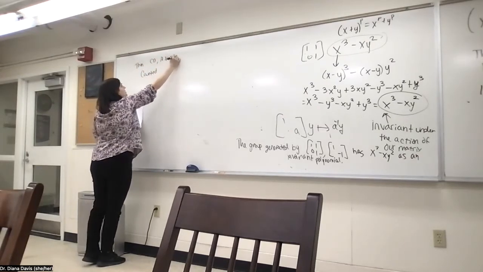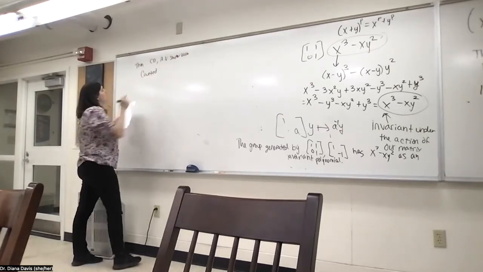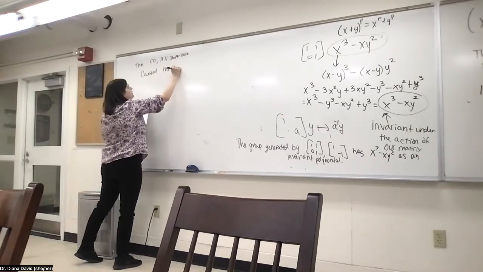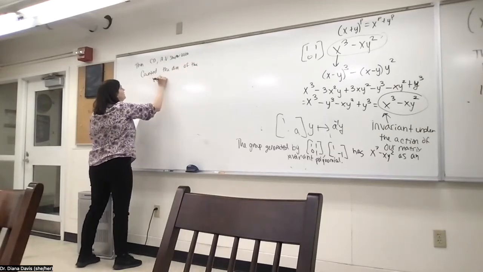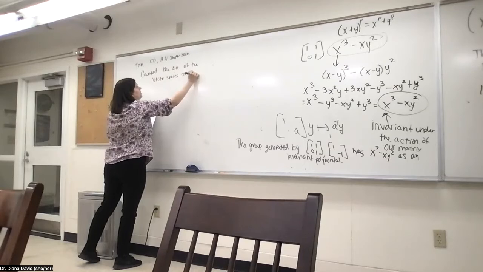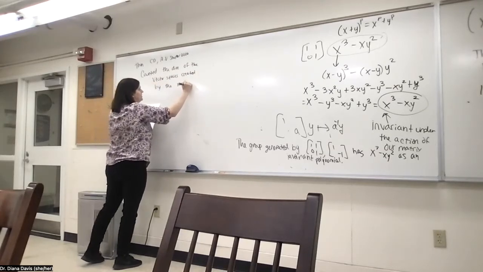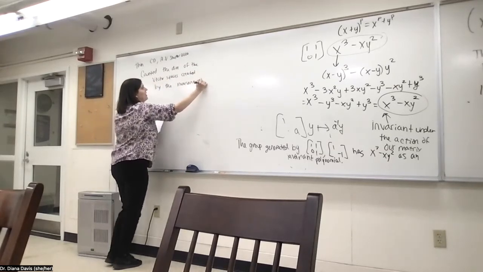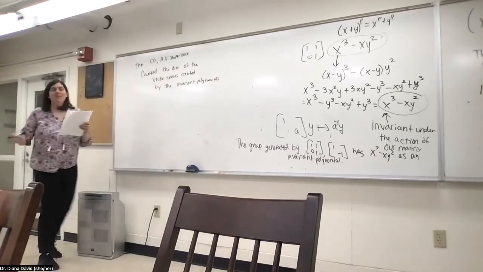What I did is I counted the dimension of the vector spaces created by the invariant polynomials, because as it turns out, invariant polynomials form a vector space, which is also non-trivial.